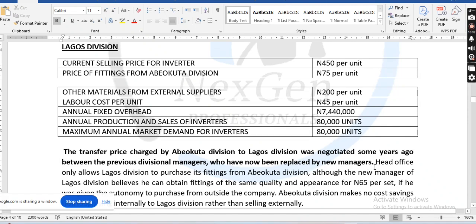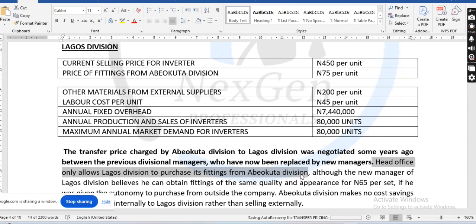Now, what is the policy? Head office allows Lagos to purchase its fittings from Abeokuta division. Can you see it? The policy from the head office is: go and buy from Abeokuta division.